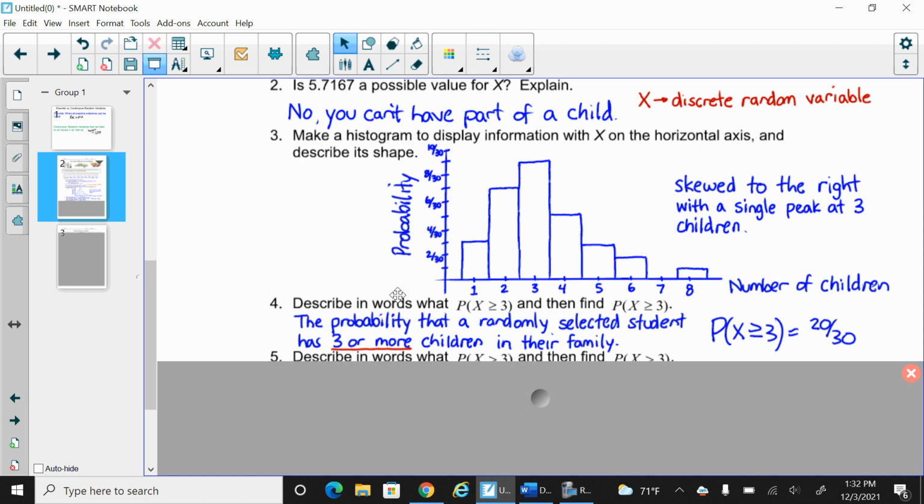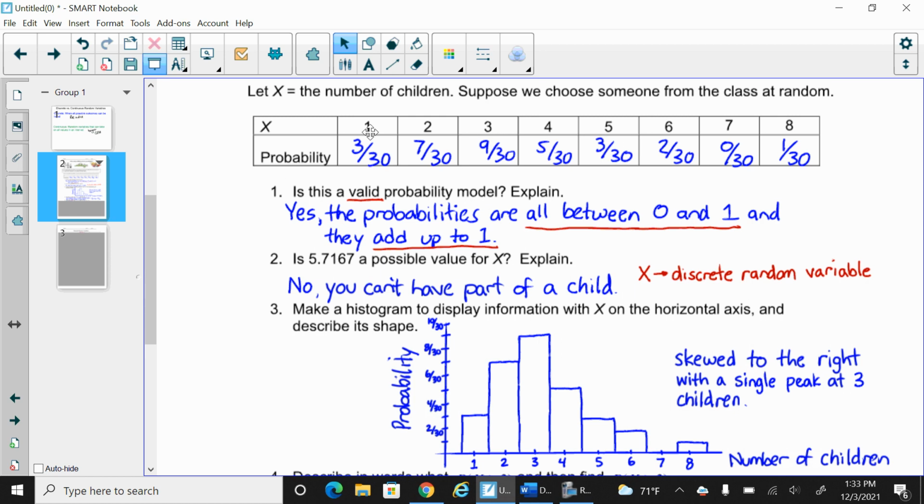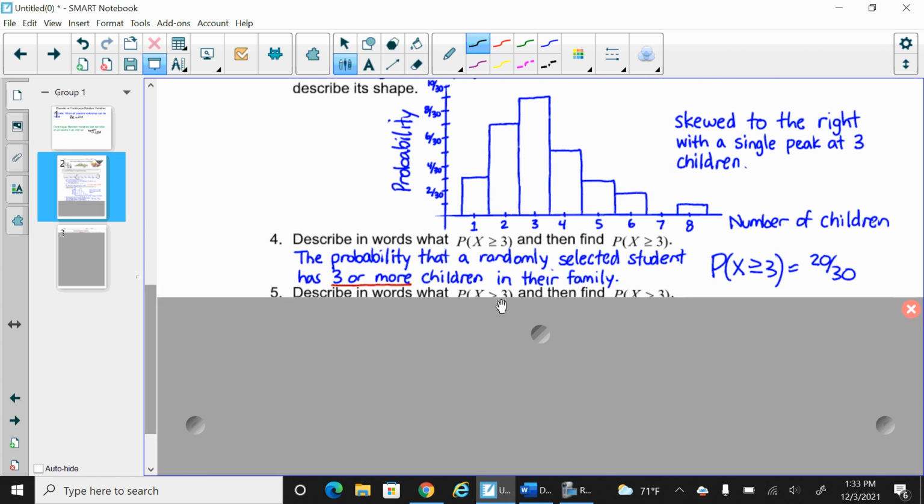X being greater than or equal to 3, I add up these probabilities, from 3 to 8. I add them up and I get 20 out of 30 students.